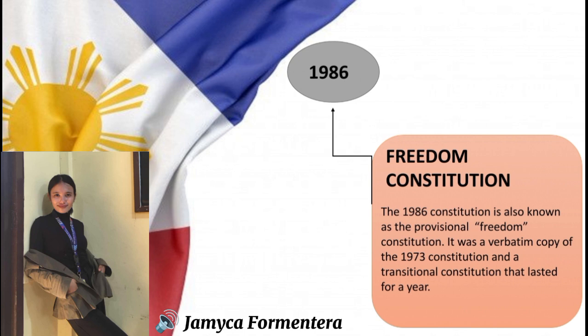Although it concentrated power in the president's hands, raising concerns about authoritarianism and legitimacy due to the lack of a ratifying plebiscite, it had a largely positive impact by empowering citizens, rebuilding democratic institutions, and laying the groundwork for the 1987 Constitution.